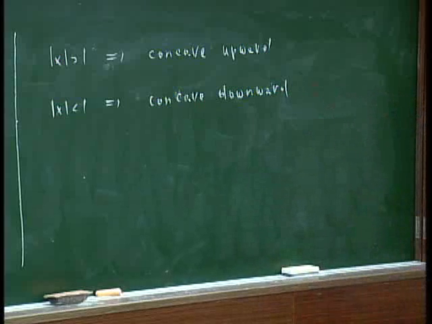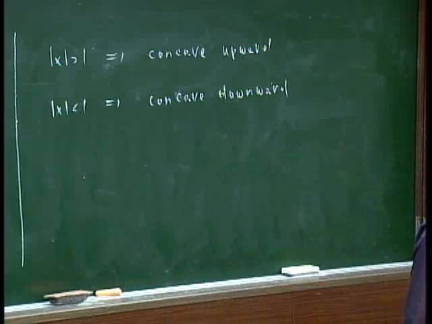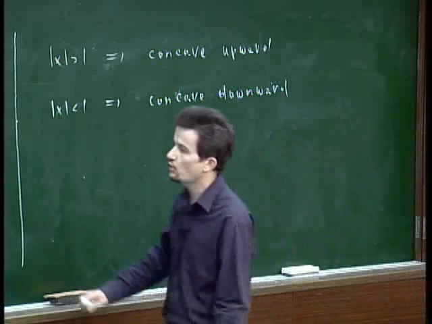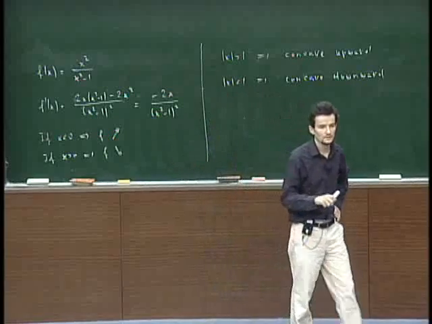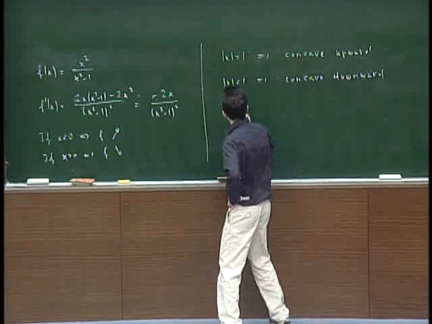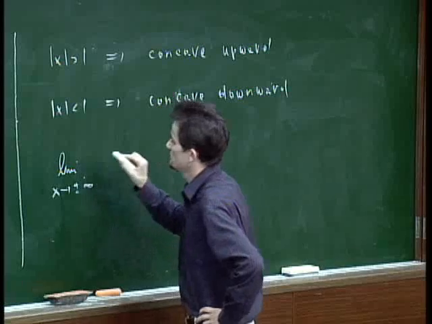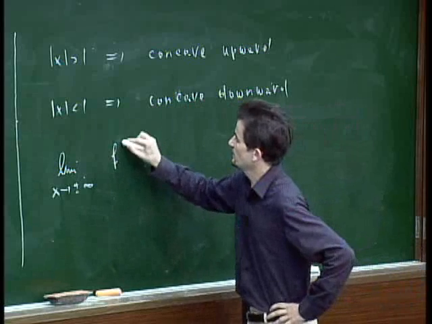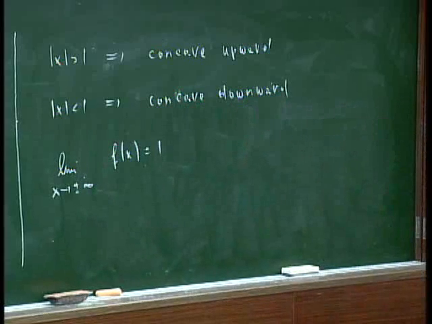Okay, so this is already quite a lot of information about the function. But obviously, other important information if you want to plot the graph of the function are horizontal and vertical asymptotes. So if you consider the limit as x tends to plus minus infinity of the function f of x, what you will get is equal to 1.